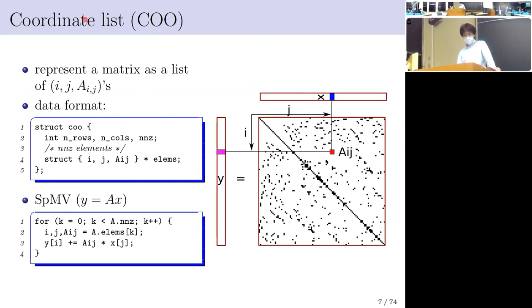In this format, sparse matrix vector multiply is simply a single loop. There's no particular loop iterating over all rows. This single loop iterates over all non-zero elements.